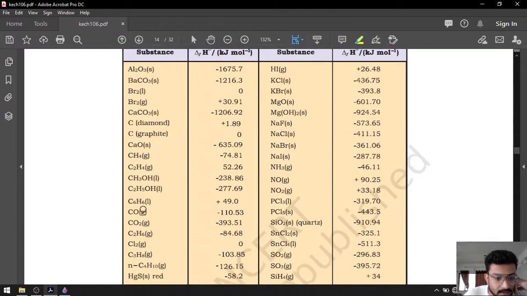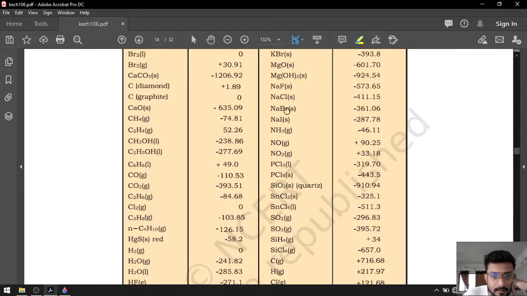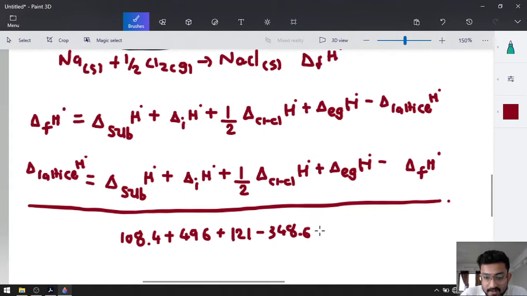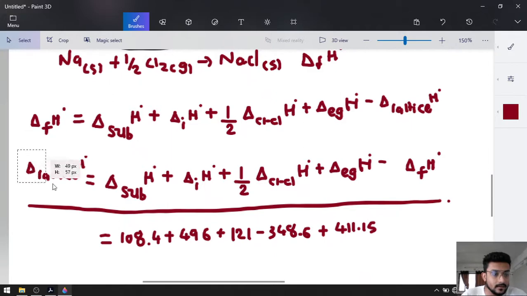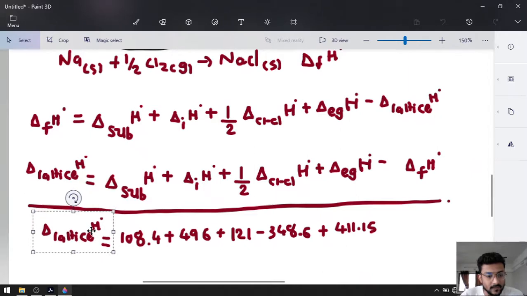Where is NaCl? Yes. The formation enthalpy of NaCl is minus 411.15. So minus minus will become plus 411.15, which will be equal to the lattice enthalpy.